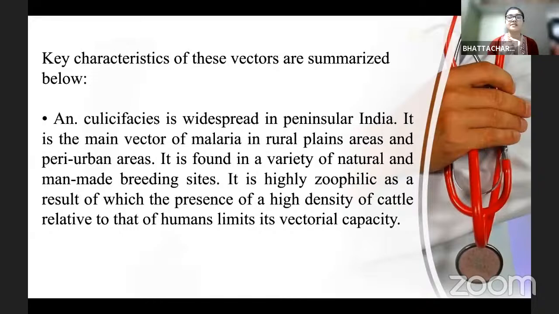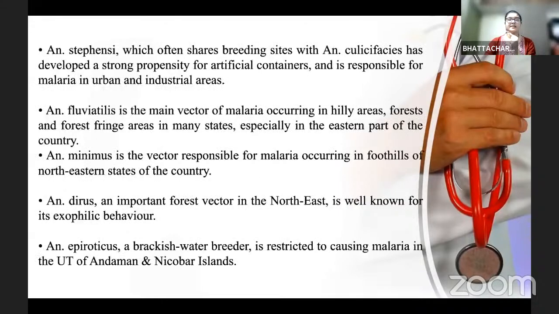Means as it is zoophilic, there is a limit to the vectorial capacity of this species. Next slide. Next, that is Anopheles stephensi. It basically shares breeding sites with Anopheles culicifacies, and it has developed a strong propensity for artificial containers and is responsible for malaria in urban and industrial areas.